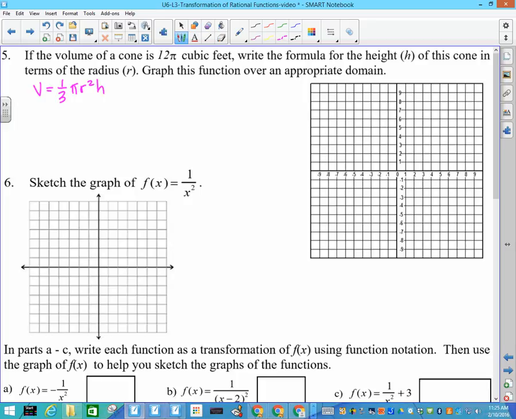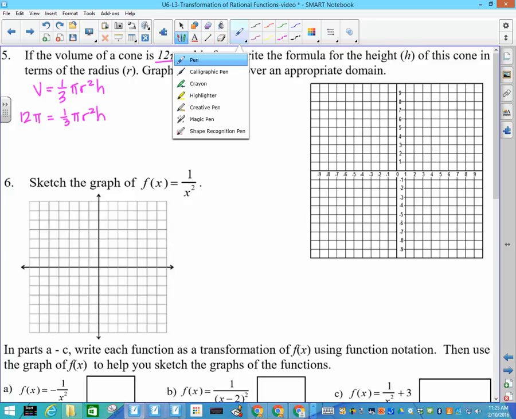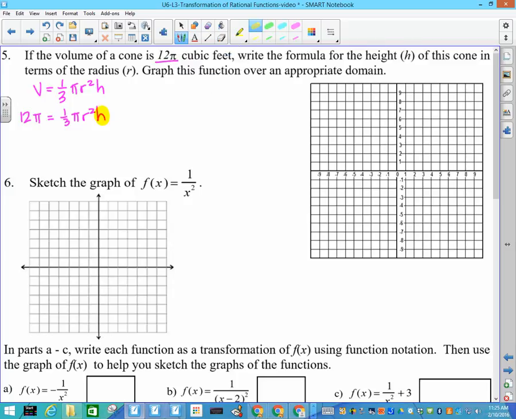That's our volume formula. They told us the volume was 12 pi, so I'm going to put 12 pi in for my volume. And now it says write a formula for the height. So they want to know what the height is. So that means I got to get this guy all by itself. And to get him all by itself, I have to get rid of everything else on the side with it. So there's no addition or subtraction, so I'm going to multiply and or divide.